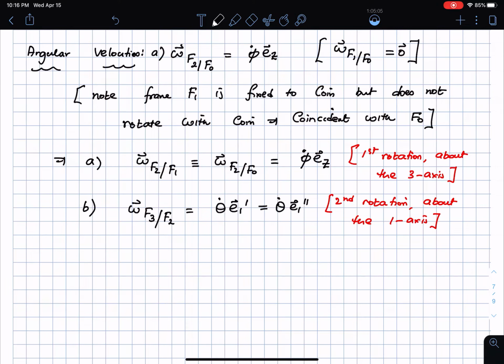And lastly, since I have F3 with respect to F2, I can write F3 with respect to F0 as the following. Omega of F3 with respect to F0 is F3 with respect to F2, F2 with respect to F1, F1 with respect to F0.